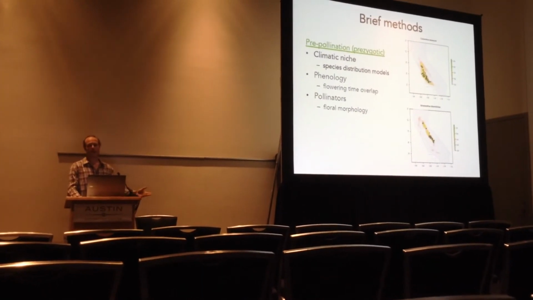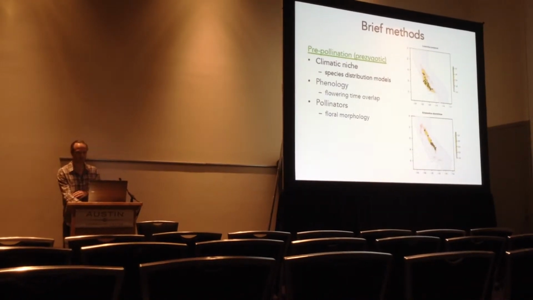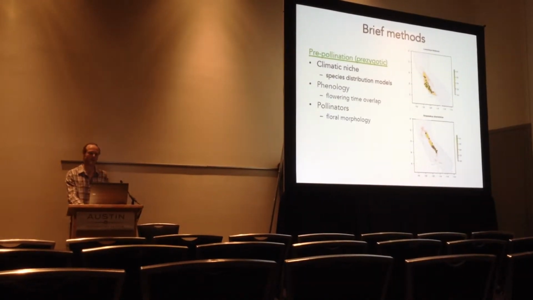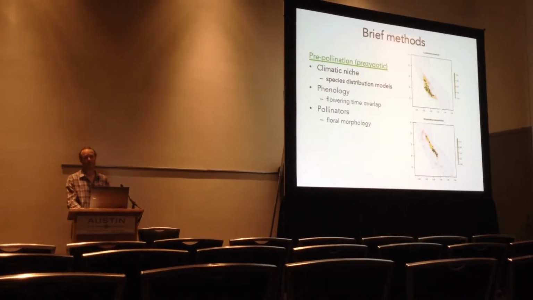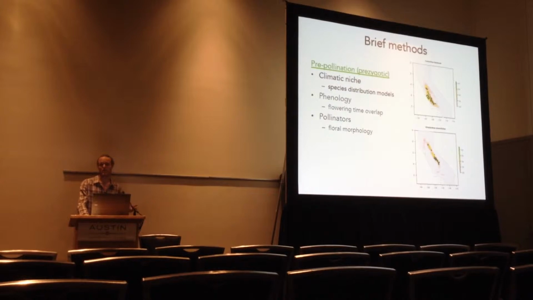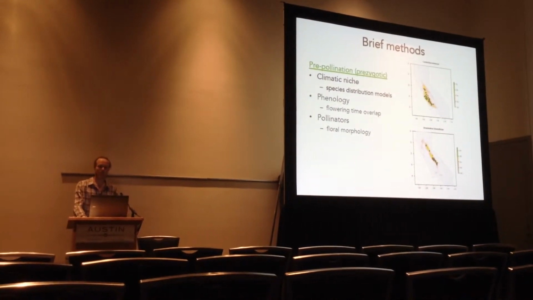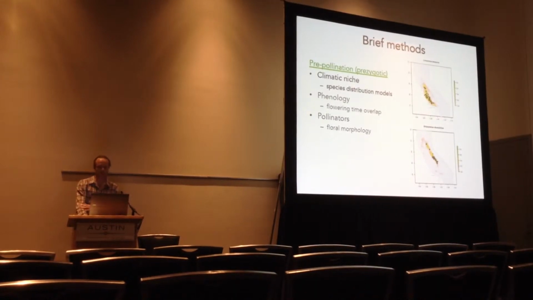So really briefly, for many species pairs across the clade, I'll talk a little more specifically in a second about which pairs, I quantified these pre-pollination barriers. I was able to quantify climatic niche overlap by building species distribution models.